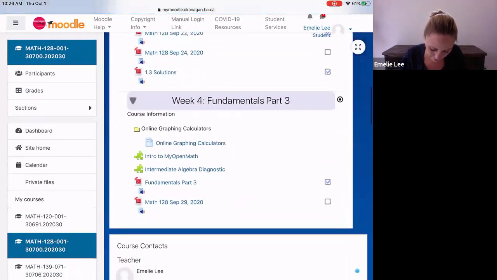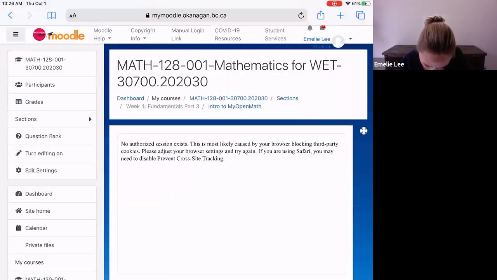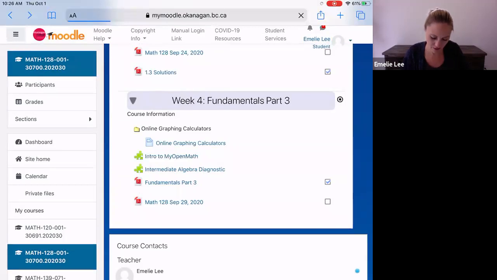Oh yeah, so the intro to My Open Math, and then there's the intermediate algebra diagnostic. Oh, Tyler sent a link, so hopefully that works. My iPad doesn't let me go because I'm in student view, it doesn't let me do it.